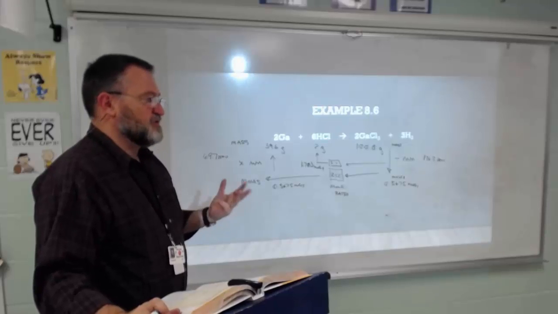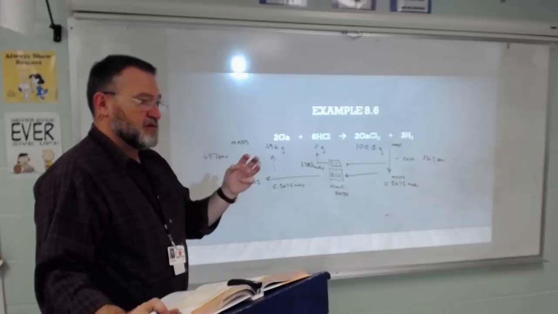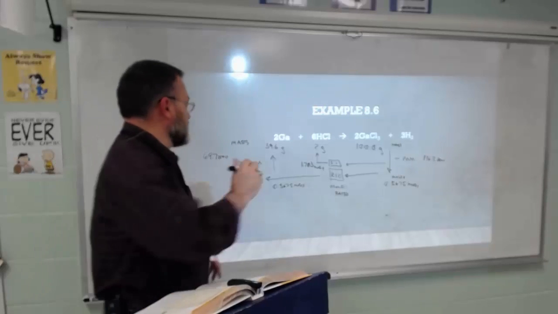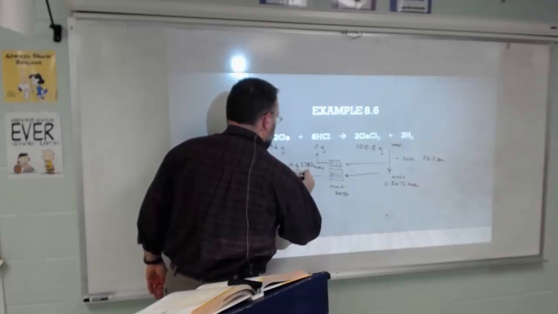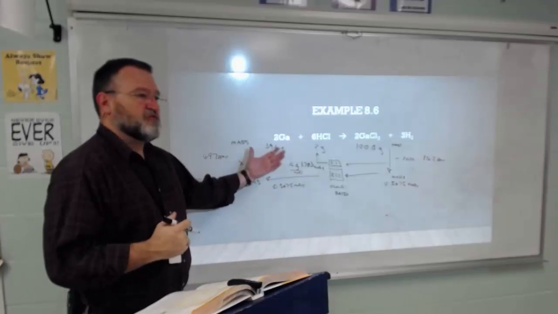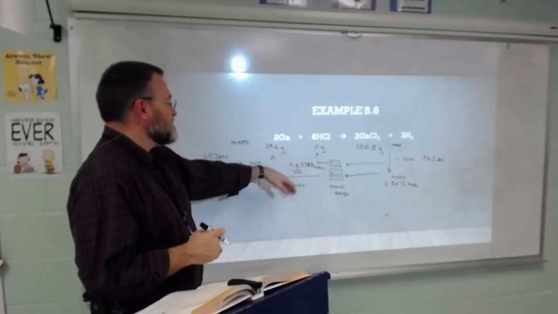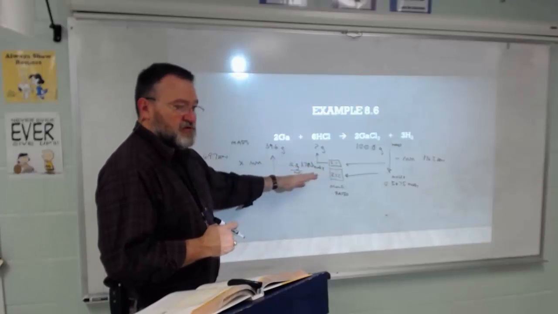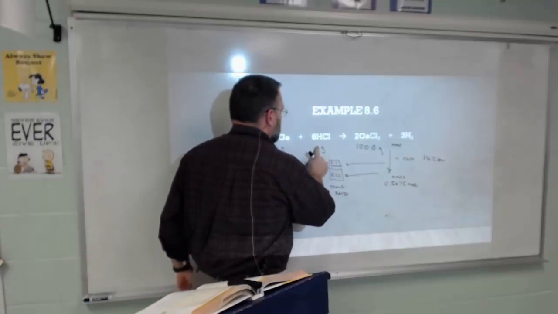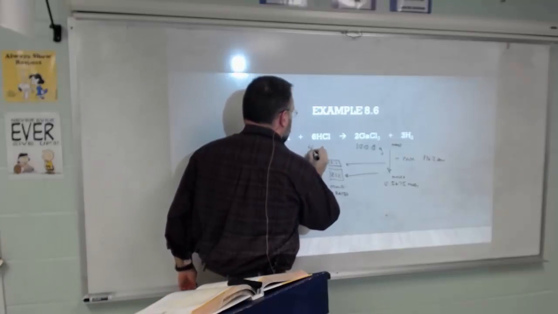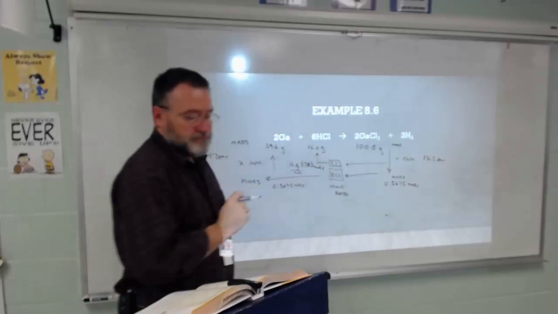It's 36.5 AMU per molecule, which also means it's 36.5 grams per mole. 36.5 grams per mole times 1.703 moles results in 66.2 grams.